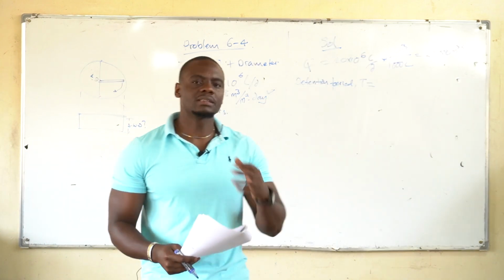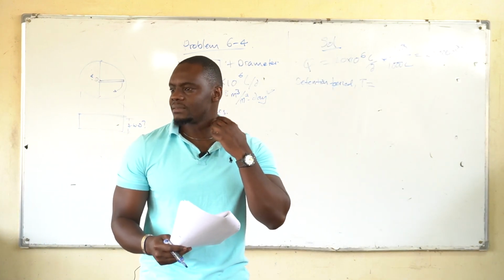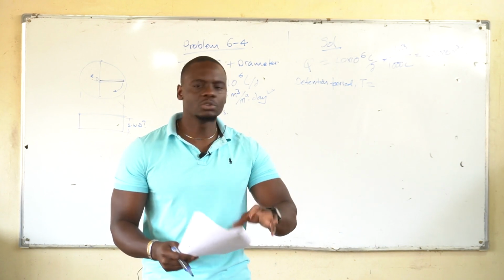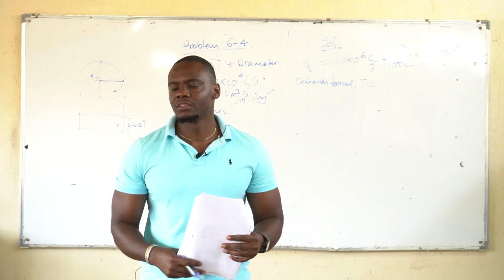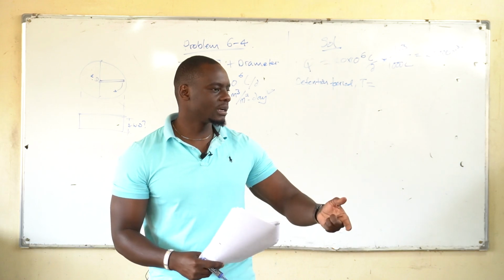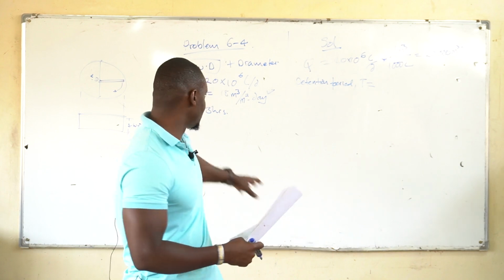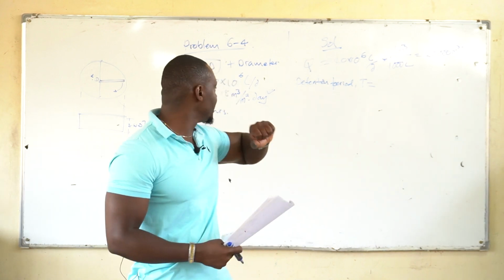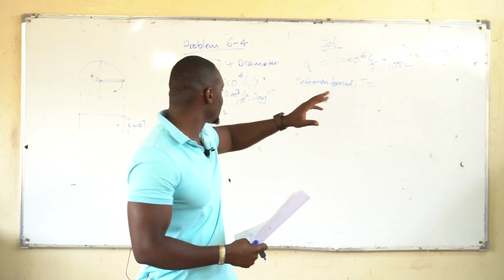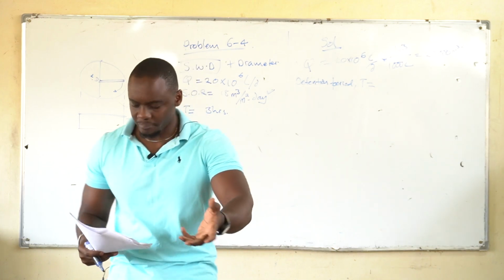Water supply in third year is mostly just design. You're given a few parameters, then we're going to ask you to say, can you design a clarifier based on the flow that is coming, based on the velocity of water coming, based on the detention time.